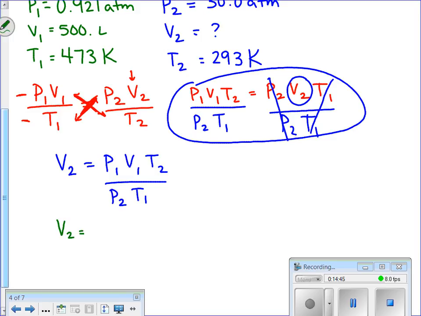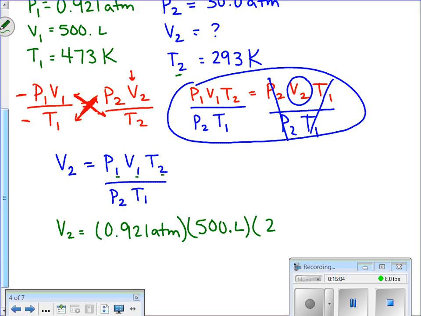Okay, so the initial pressure was 0.921 atm. The initial volume was 500 liters. The final temperature, T2, and be careful, make sure I know both of these were 1 and 1, but this is now 2.